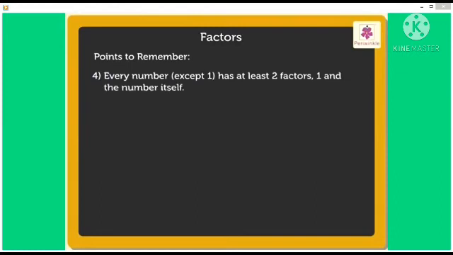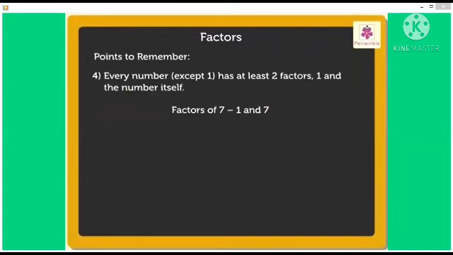Point 4. Every number except 1 has at least 2 factors, 1 and the number itself. Let us look at the factors of 7. They are 1 and 7. No other pair of numbers, when multiplied together, will give the product 7. That is, the number 7 has at least 2 factors, 1 and 7, that is, number 1 and the number 7 itself.